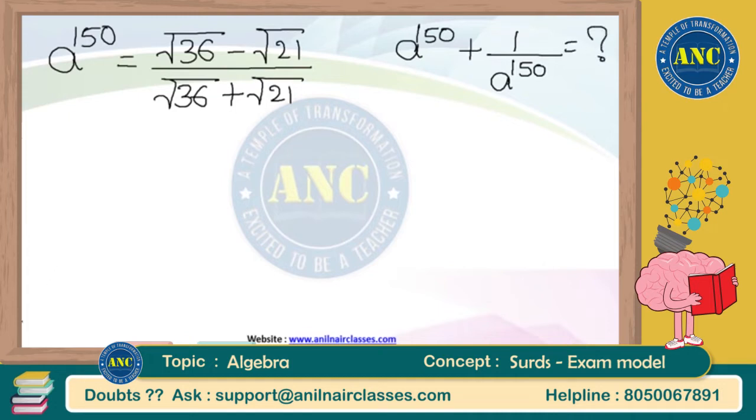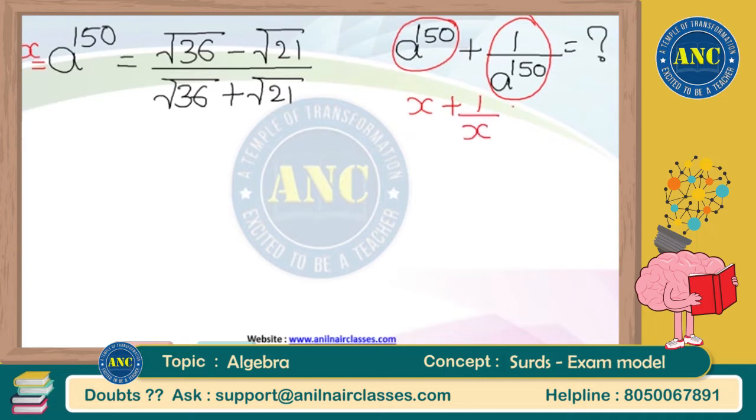You don't need to get confused by all these powers like 150. Instead of a power 150, I will call it x. So this becomes x, and 1 by a power 150 becomes 1 by x.